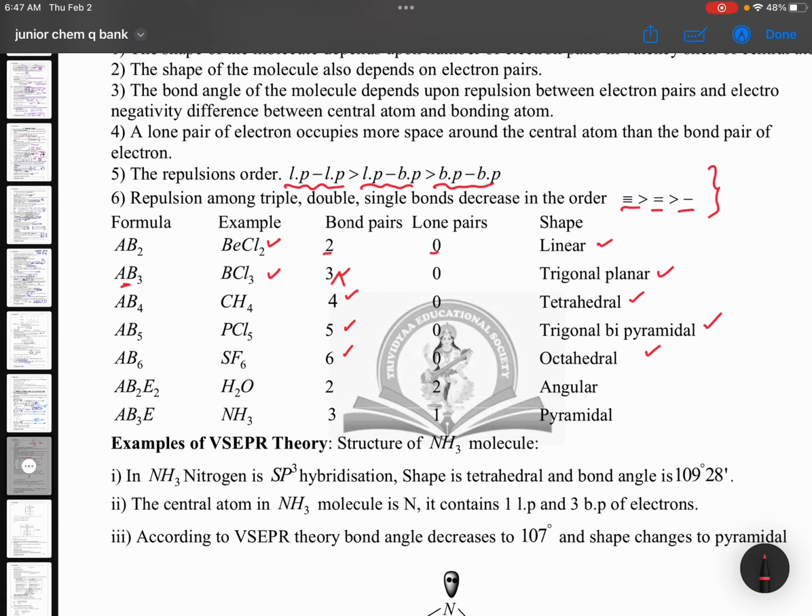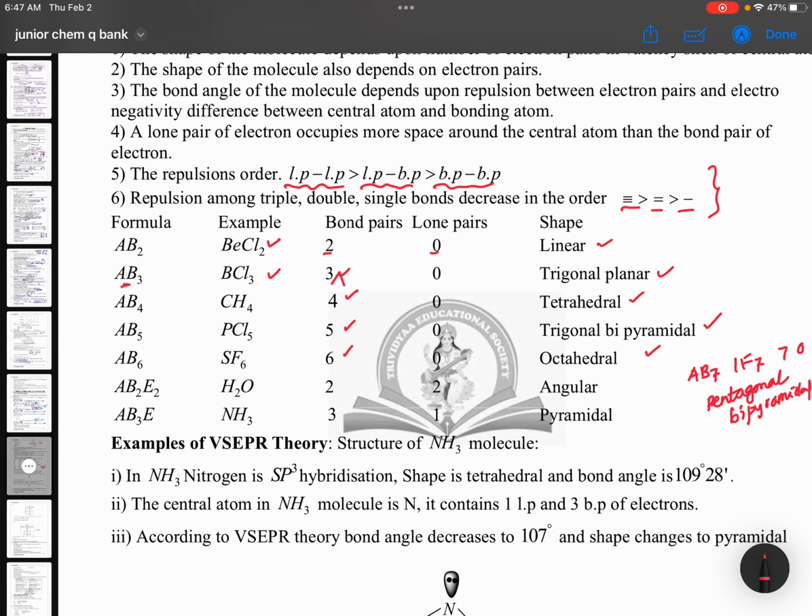Now 7 bond pairs, if you want to write, AB7. IF7 is the example. 7 bond pairs, 0 lone pairs, that is pentagonal bipyramidal. If you want to add this one, you can add this also.